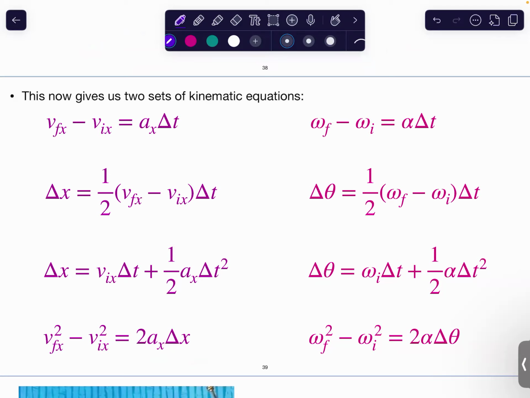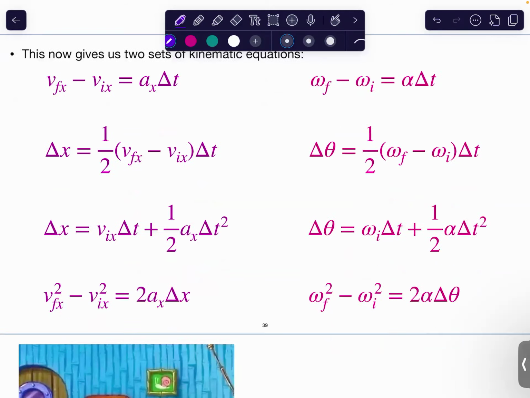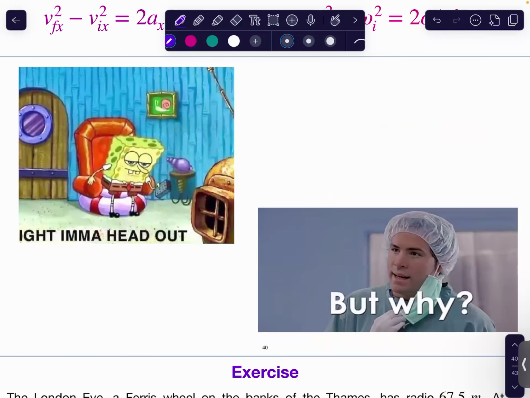They're the same equations, you just have to put in the right symbols. But by the time we were getting near the end of angular acceleration, I thought that this was pretty pertinent.